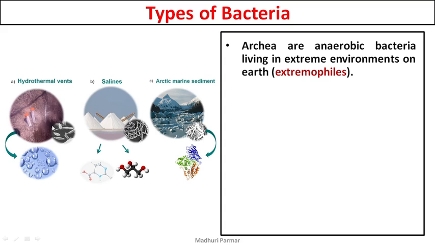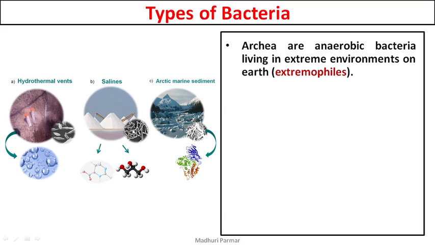You must have seen or heard of them somewhere. Basically these are vents or places where hot water and steam come out. They could be lakes, they could be ponds. These kinds of places also have bacteria, and these bacteria are archaebacteria.